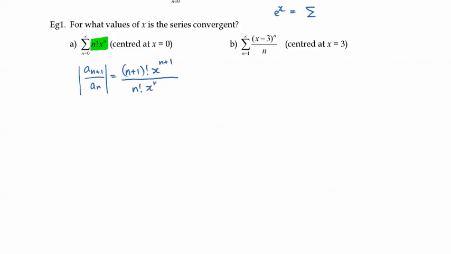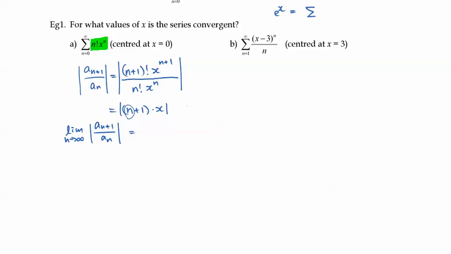And we can now take the absolute value, try to reduce the expressions here, which give us n plus 1 times x. Once again, absolute value of this. And for the ratio test, we will take the limit as n tends to infinity for what we see here, which only involves the n here.